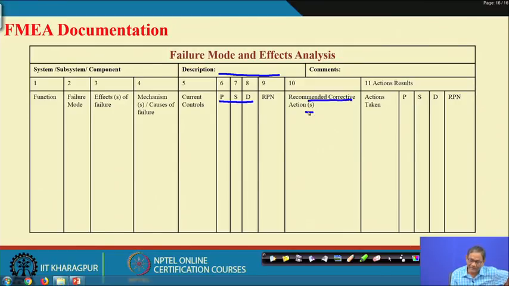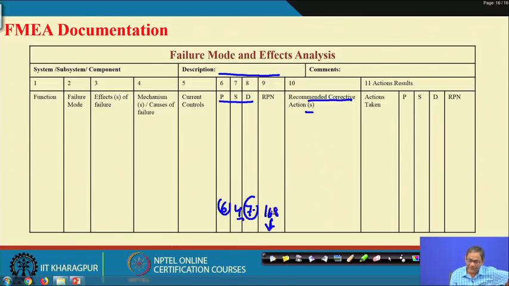Suppose RPN is, just for operates at degraded performance, that RPN we have found out that is 168, and we also found out the detectability 7, this one 6 and this one 4. Now, your recommended action will be where? What is the recommended action? You want to reduce it to lower values. It is possible if you reduce this value or this value. Which one is maximum here? 7.